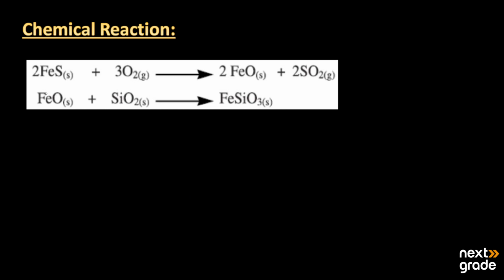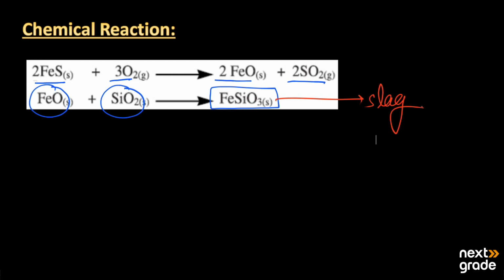So the chemical reaction here: in the first step, the iron sulfide reacts with oxygen and is converted into iron oxide and sulfur dioxide. Now this iron oxide reacts with silica and is converted into iron silicate. This iron silicate is known as the slag, so this is the production of the slag. Here we have the iron silicate slag.